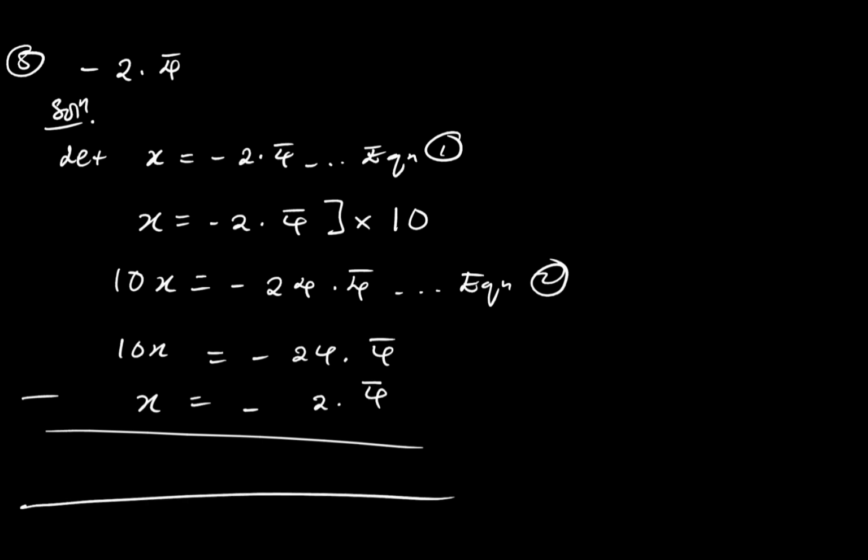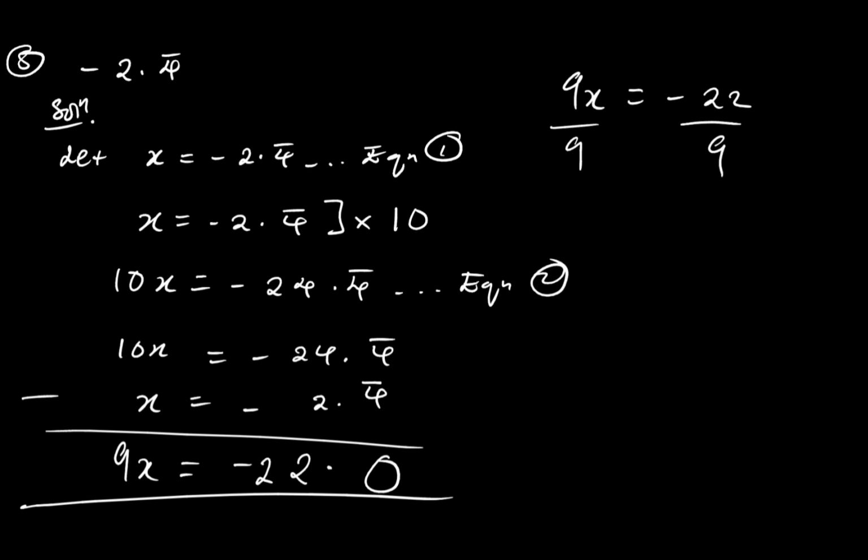So applying that concept, we get a 0 this side, and then we'll get a 2 and a minus 2. Then this side you get 9x. So we're having 9x being equal to minus 22. So we can solve for x, divide by 9, and x is equal to minus 22 over 9. And basically we cannot reduce this any further. This is our final answer.